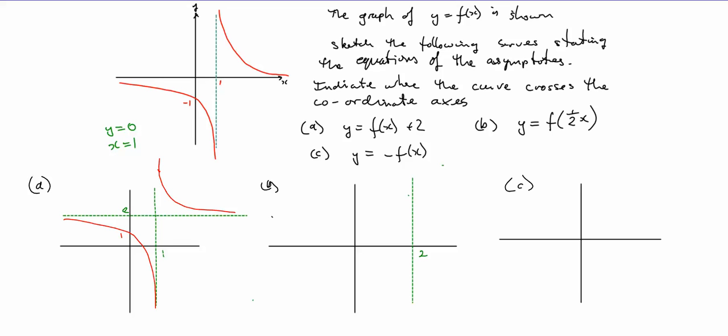And the horizontal asymptote, the x-axis, will stay the same. And so this branch of the curve will be like that. And the x-axis stays the same, still the asymptote, so the other branch of the curve is like that.